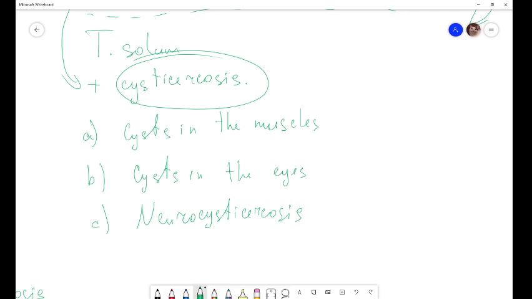Neurocysticercosis is when cysts are in the brain or spinal cord. The symptoms of neurocysticercosis depend upon where and how many cysts are found in the brain. Seizures and headaches are the most common symptoms.